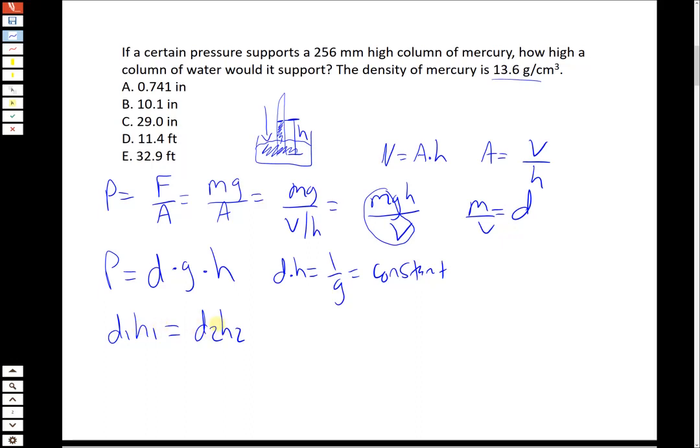So let's say that H1 is the height of the mercury column, and D1 is the density of mercury, and we're looking for H2, which is the height of the water column. So H2 is going to be D1H1 over D2, where D2 is the density of water. And so what we have here then is we just have to put the numbers in. So D1 is the density of mercury, 13.6 grams per cubic centimeter.